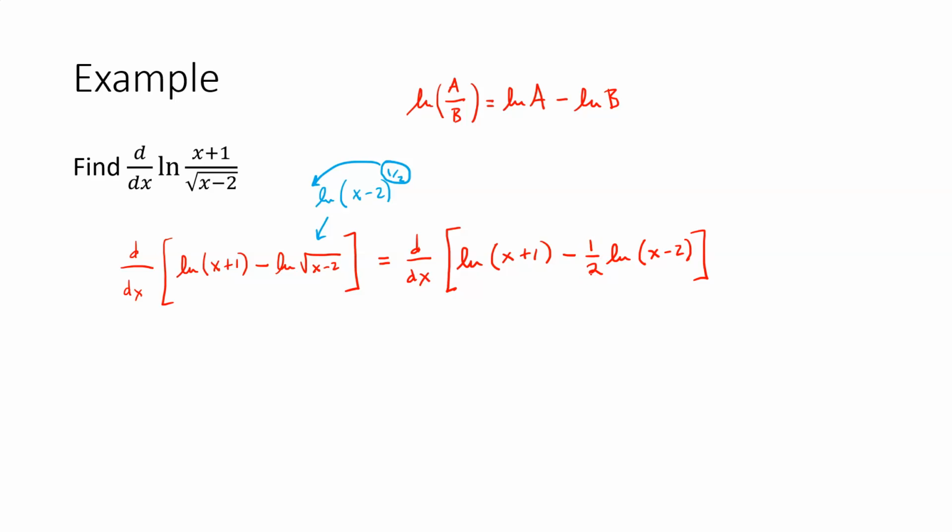And so taking its derivative is much simpler, because now I can use the constant multiple rule, which says I can just skip over that constant multiple and look at the derivative of ln of x minus 2. And I can do each of these terms separately. And so my derivative now is very simple, 1 over x plus 1 minus 1/2 times 1 over x minus 2.